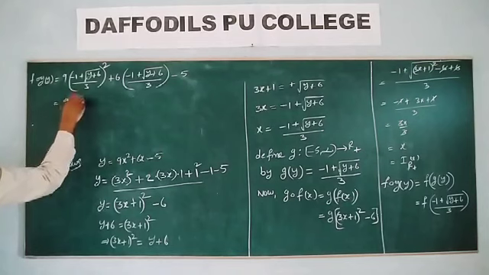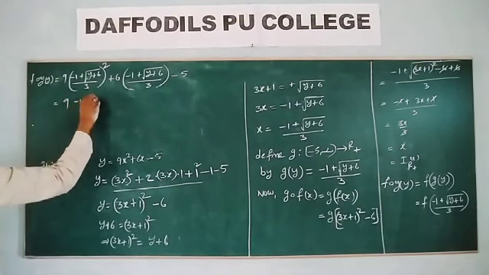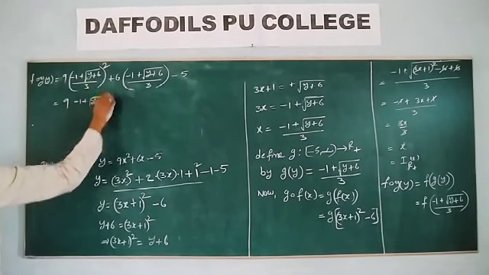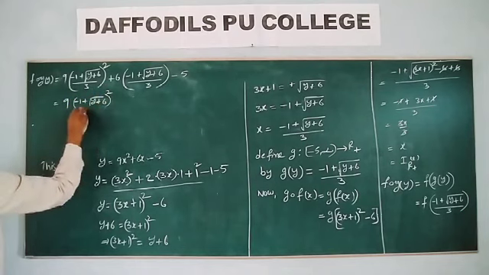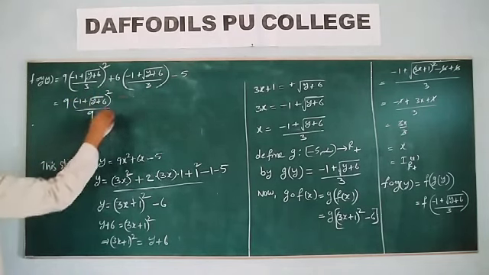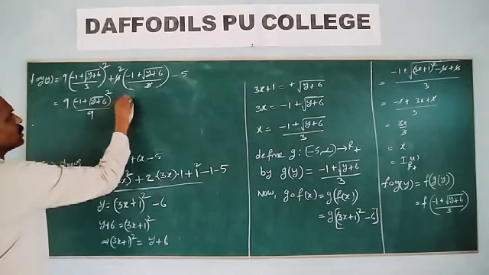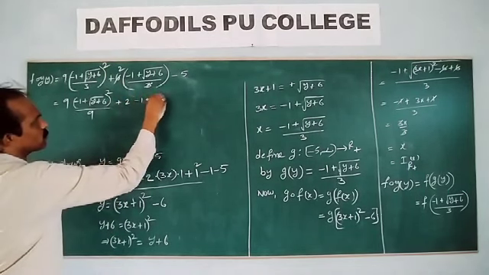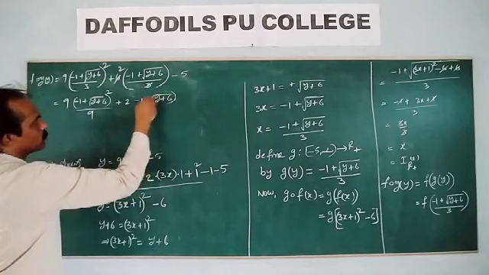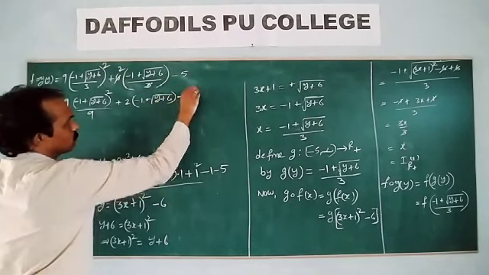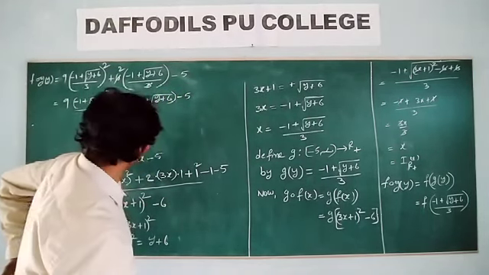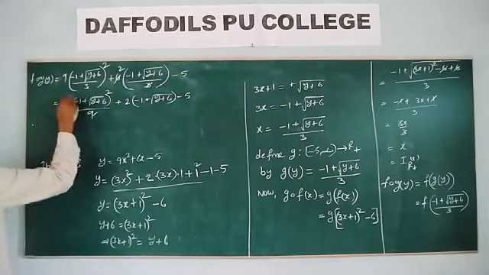This is equal to 9 into (minus 1 plus root of y plus 6) whole square divided by 9, three 3s cancel, plus 2 of minus 1 plus root of y plus 6, minus 5. 9 cancel.